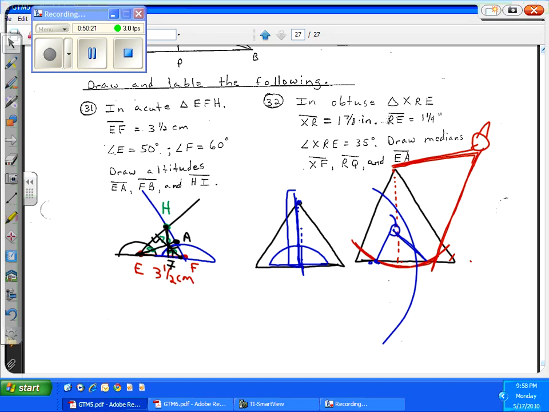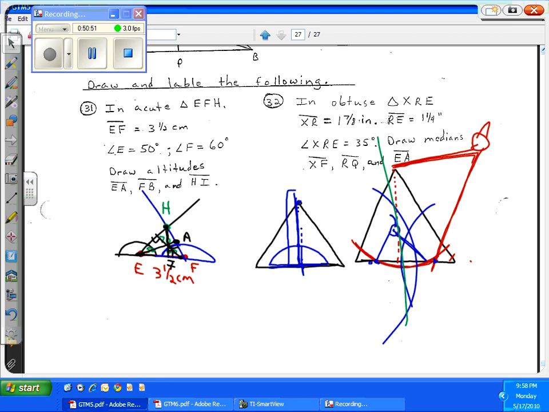It'd be setting kind of sideways. And you would make an arc. And then you would come from here and do the same thing and make an arc. And where those two arcs meet, it should be a perpendicular that goes through there. That was kind of a crazy looking drawing, okay?